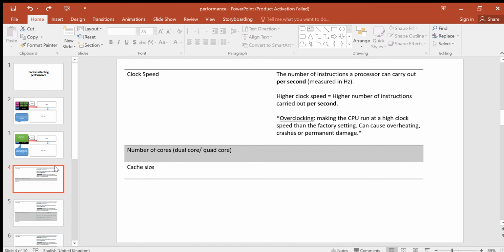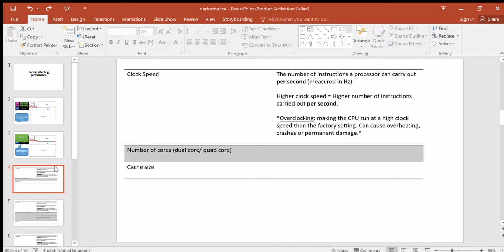So clock speed. This is the number of instructions that your processor can carry out per second, and this is measured in hertz. Okay, now in reality, the processor can carry out billions of instructions per second, so your clock speed is obviously going to reflect that.